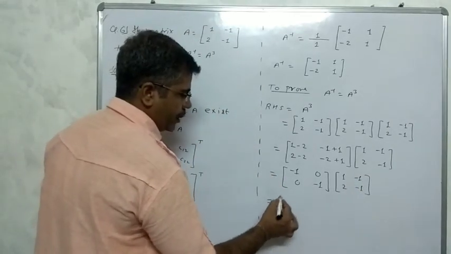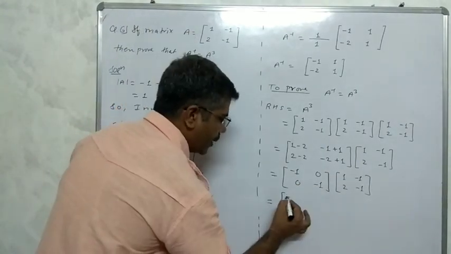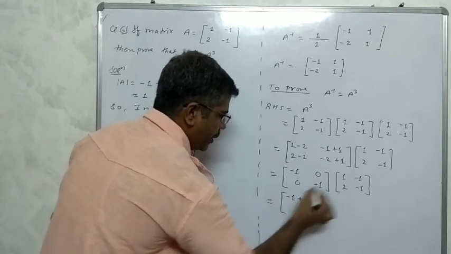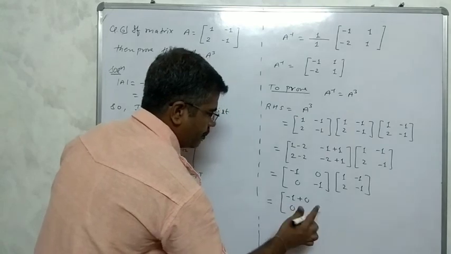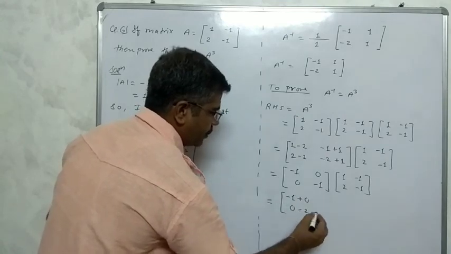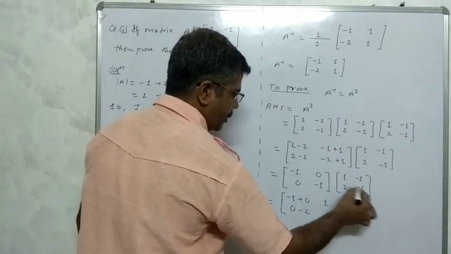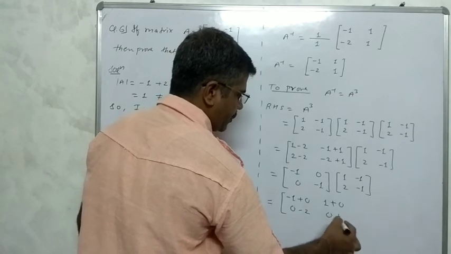Again we multiply. 1 into minus 1, minus 1, 2 into 0, 0. 1 into 0, 0, 2 into minus 1, minus 2. Minus 1 into minus 1, plus 1, plus 0, 0, plus 1.